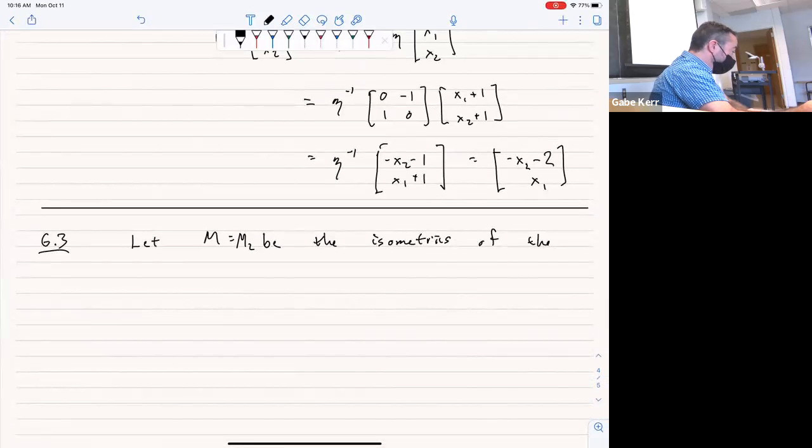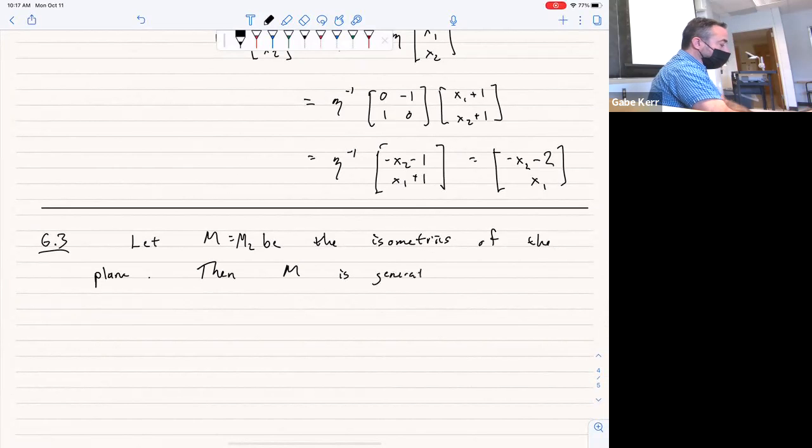And we have some generators of this group. In other words, everything can be written as a combination of the following three transformations. So I'll just say M is generated by translations.